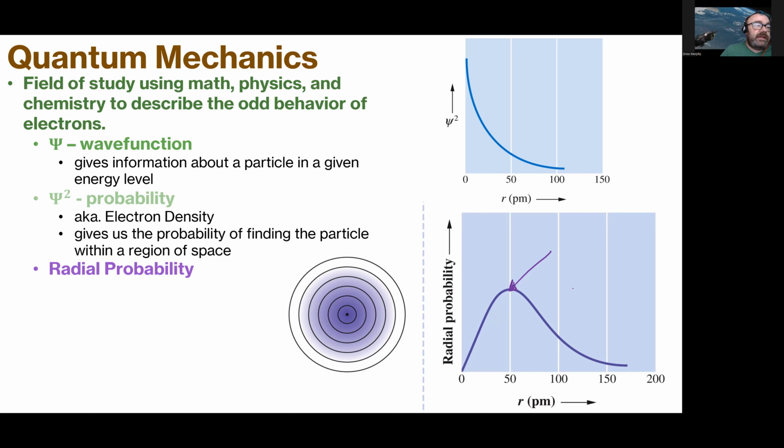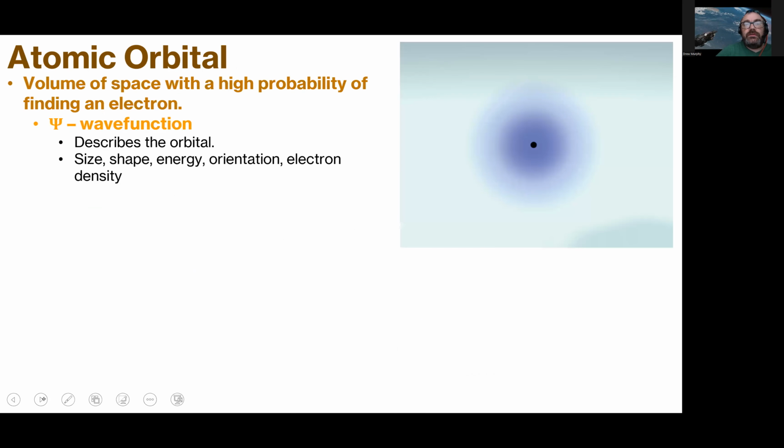Anyway, once we've got this, now we can start to think about energies of electrons. This is where we're headed, energies of electrons. What quantum mechanics has done for us is taken Bohr's model of orbits, of exact circular paths around the nucleus where the electrons are, and turned it into this idea of an orbital.